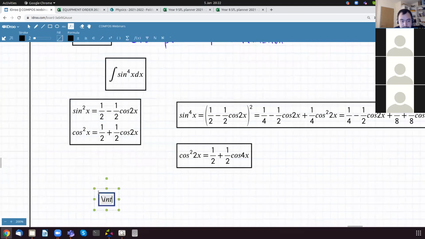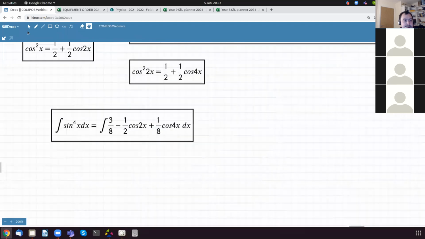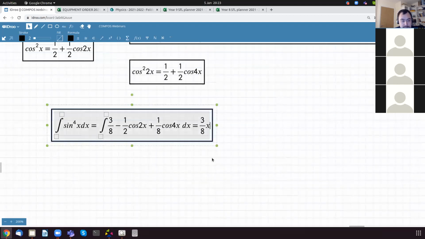The integral of sine to the power 4x dx is equal to the integral of that dx. So that's going to be 3/8 x minus.